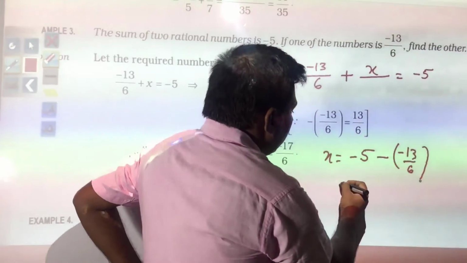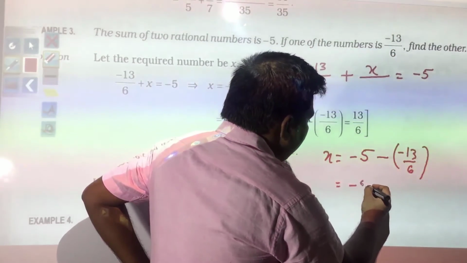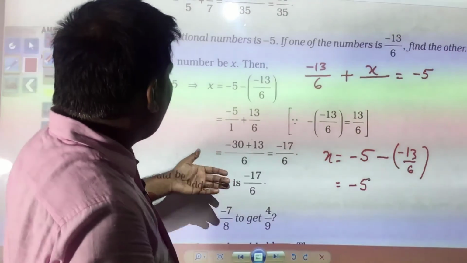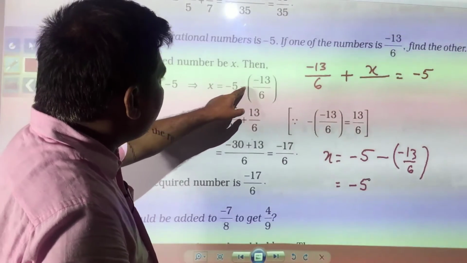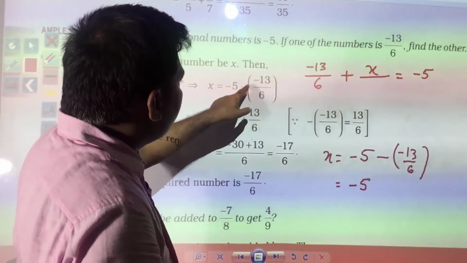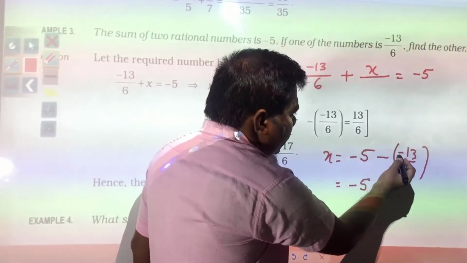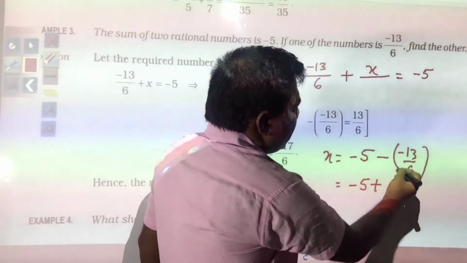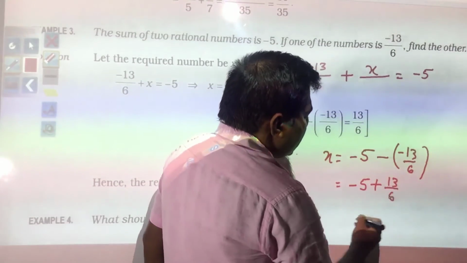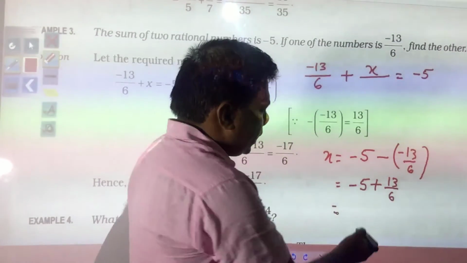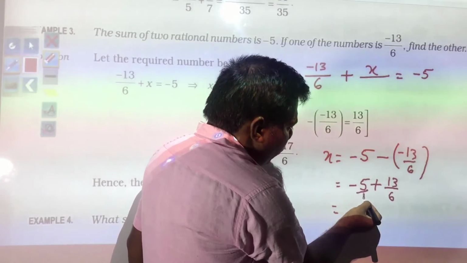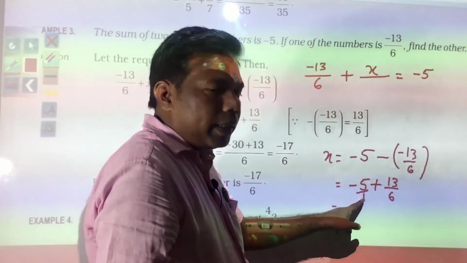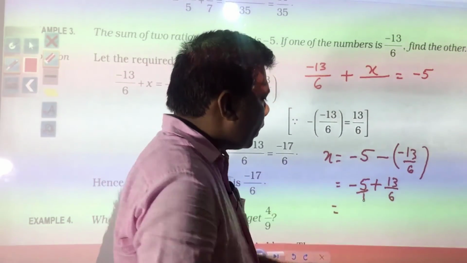That will be equal to minus 5, and minus and minus became plus, minus into minus will be plus, and this will be 13 by 6. Now see how we will add this. Here nothing is there in the denominator, it means you have 1.